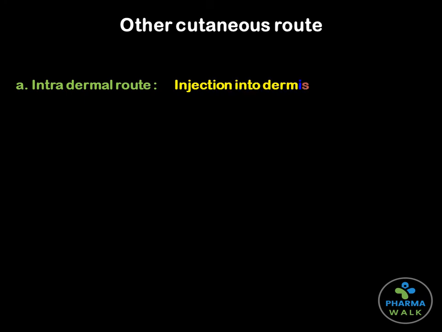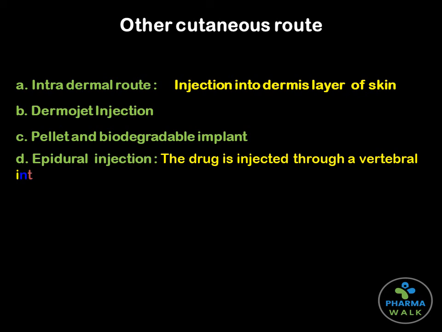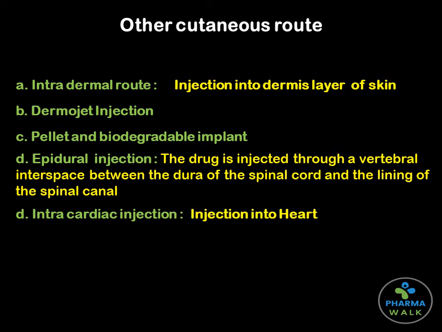For example, intradermal injection into the dermis layer of the skin, dermojet injection, pellet and biodegradable implant, and epidural injection, where the drug is injected through a vertebral interspace between the dura of the spinal cord and the lining of the spinal canal. Intracardiac: injection directly into the heart.